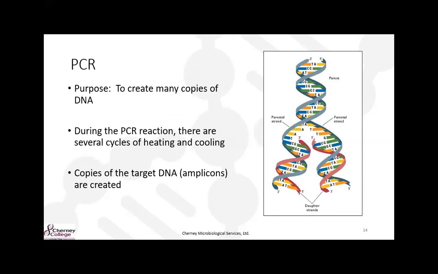If you remember back to science class, talking about base DNA pairs, A pairs with T, and G pairs with C. So that's the same process that we're using with PCR here. In order to make that DNA split open during the PCR reaction, there are several cycles of heating and cooling, and that way copies of the target DNA, like our Salmonella or Listeria, those amplicons, are created through that process.